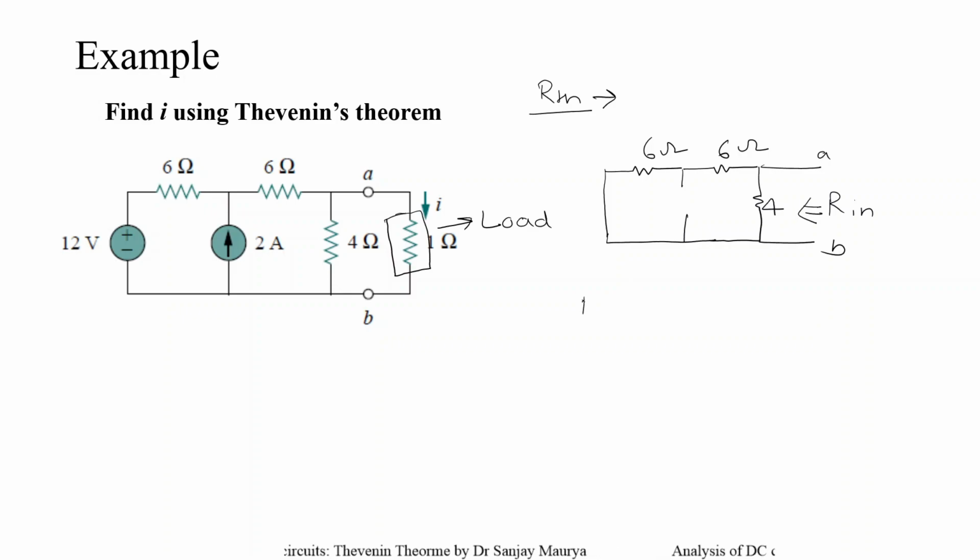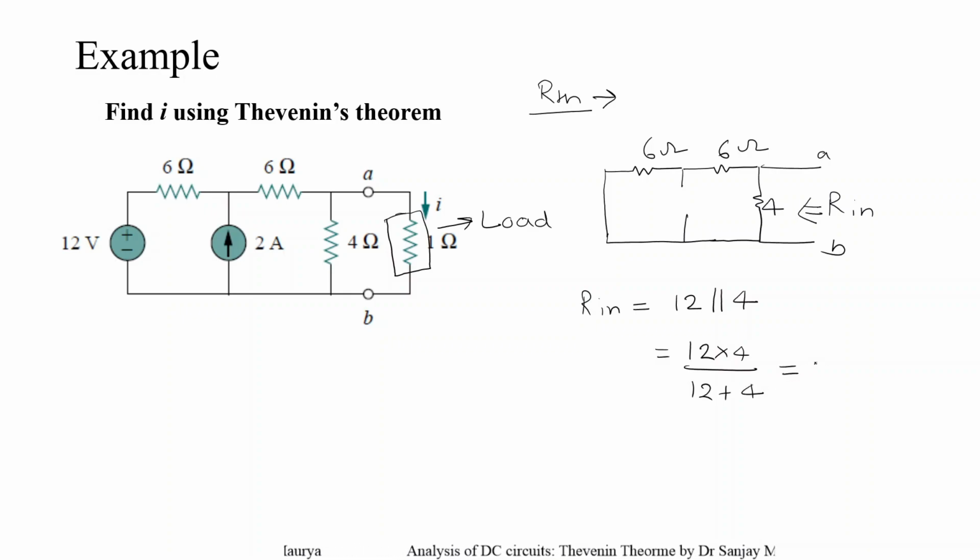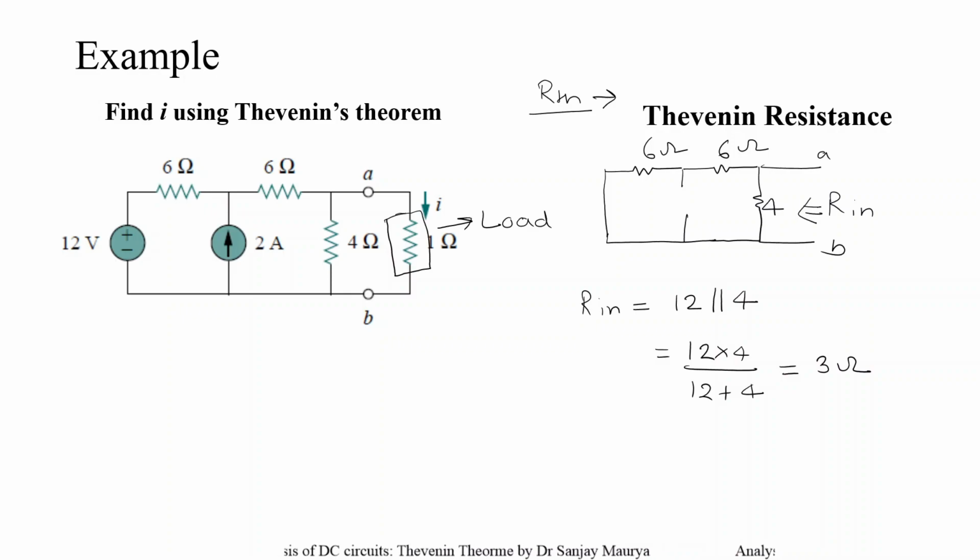So if I calculate the RIN, this will be 12 parallel with 6 plus 6, 12 parallel with 4. So that will be equal to... so we have calculated the Thevenin resistance.